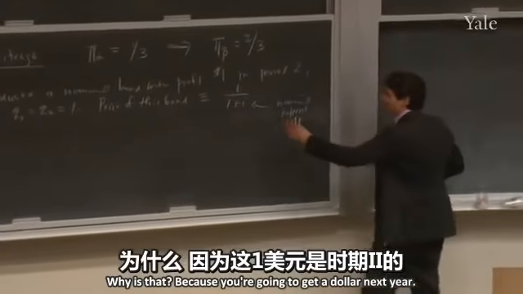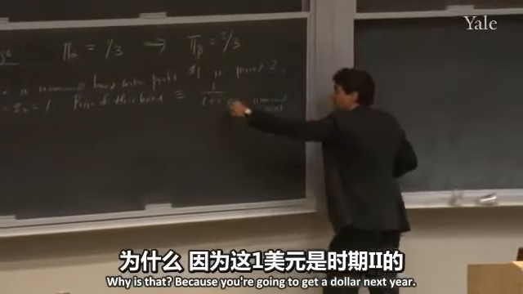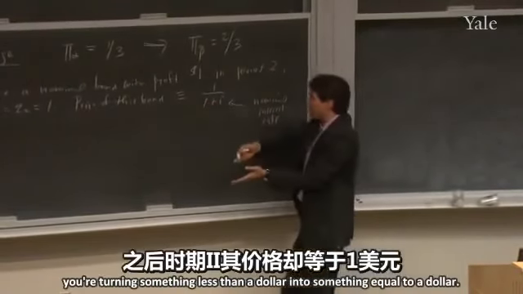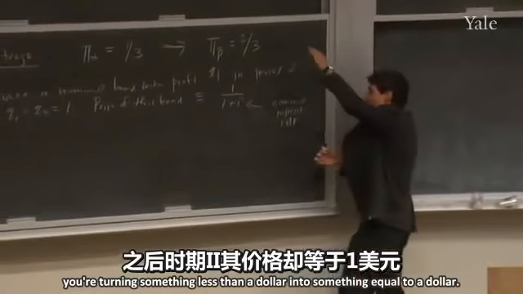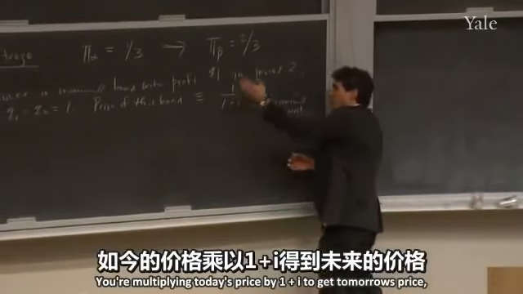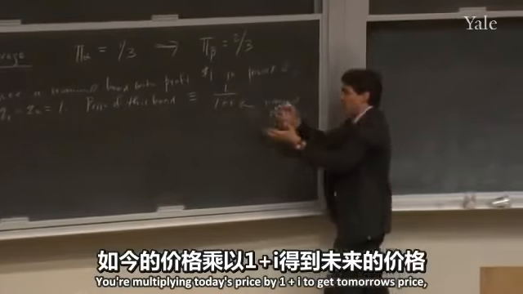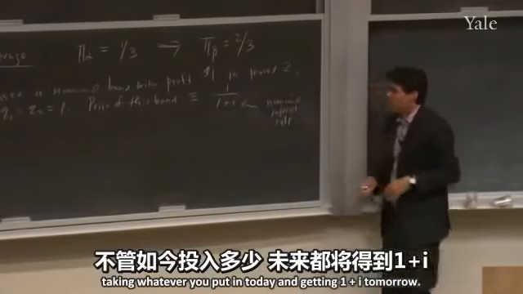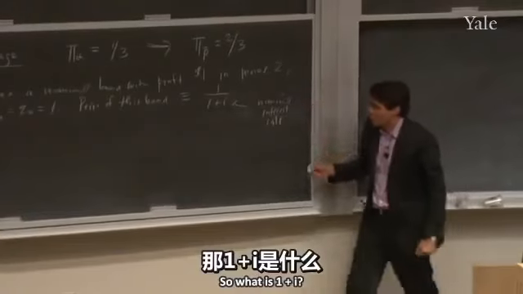Why is that? Because you're going to get $1 next year. If the price is less than $1 this year, you're turning something less than $1 into $1. You're multiplying today's price by 1 plus I to get tomorrow's price. So the rate of return is 1 plus I, taking whatever you put in today and getting 1 plus I tomorrow. So what is 1 plus I?